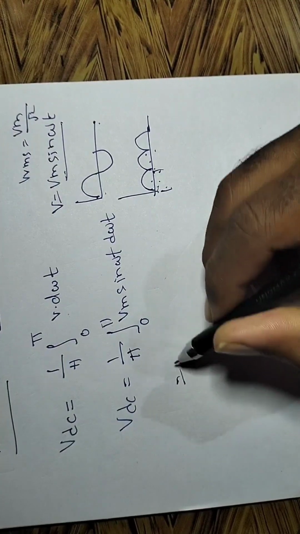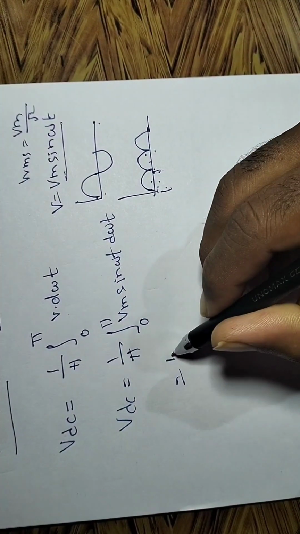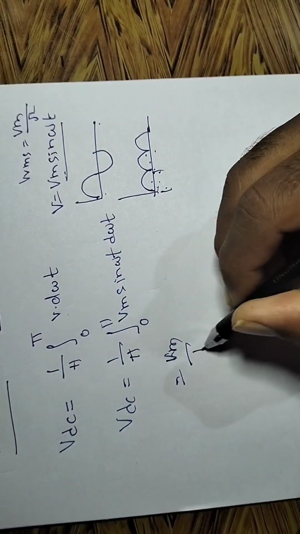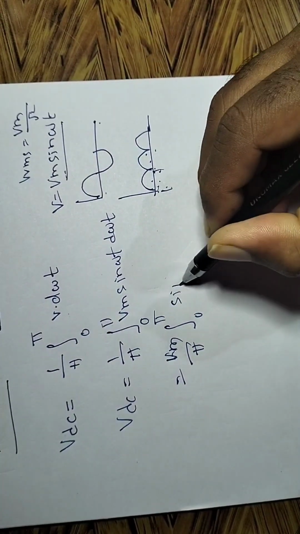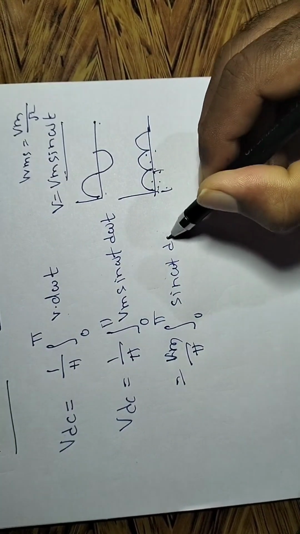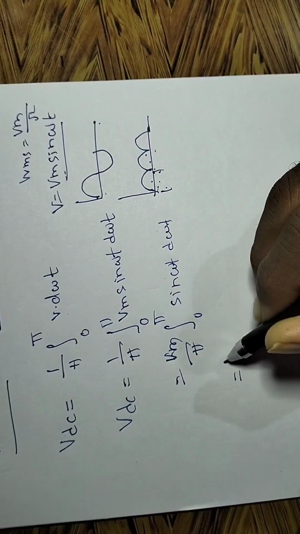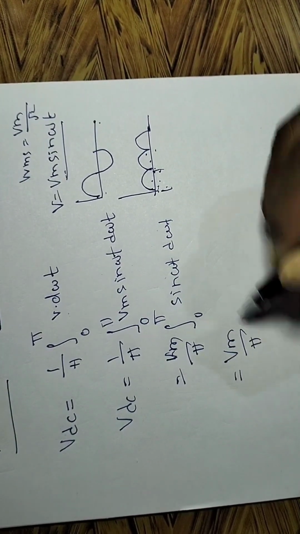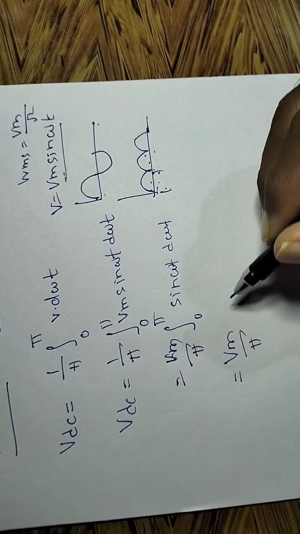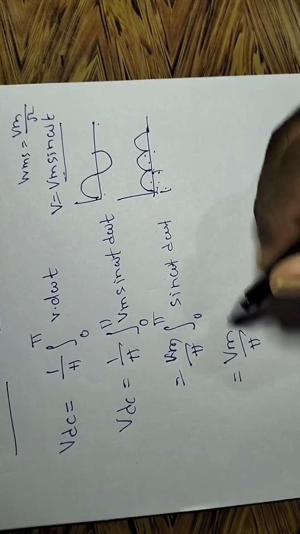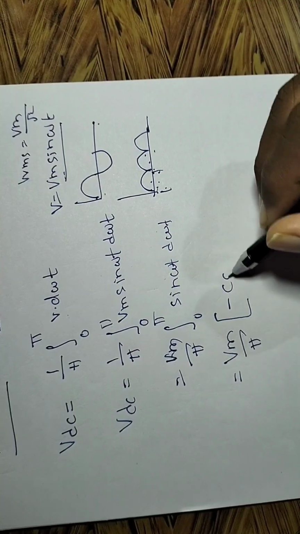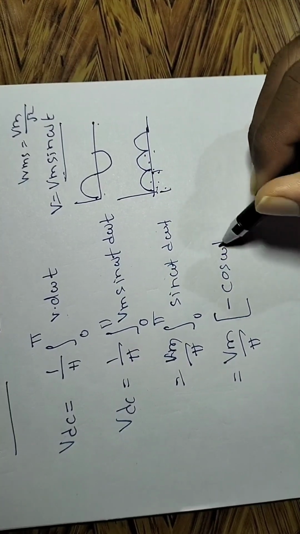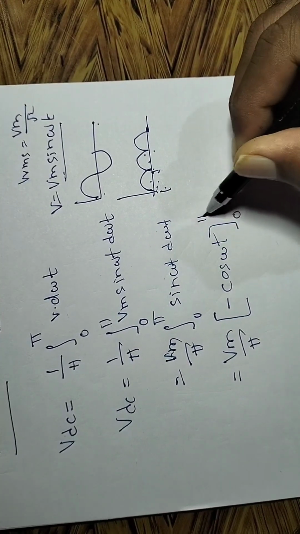So Vm comes outside: Vm by pi integral 0 to pi sin omega t d omega t. That equals Vm by pi, and as you know very well about integration, the integral of sin is minus cos omega t, from 0 to pi.